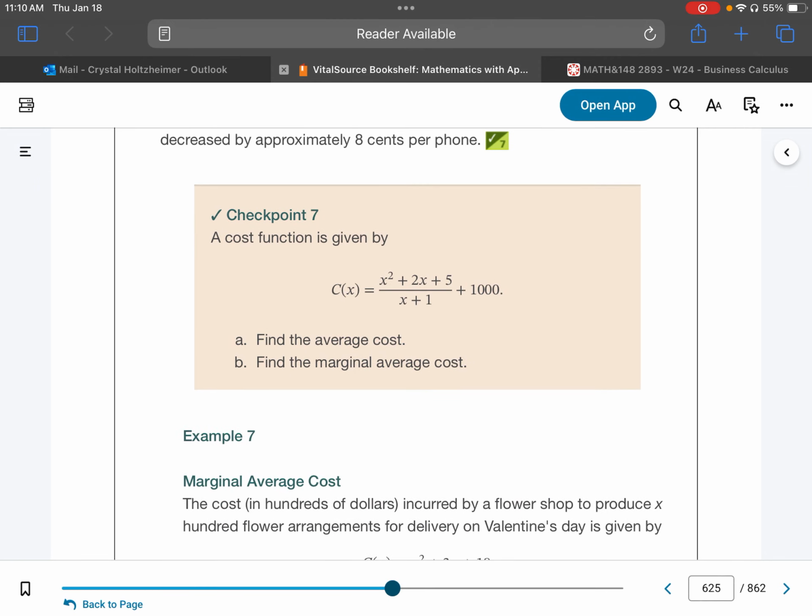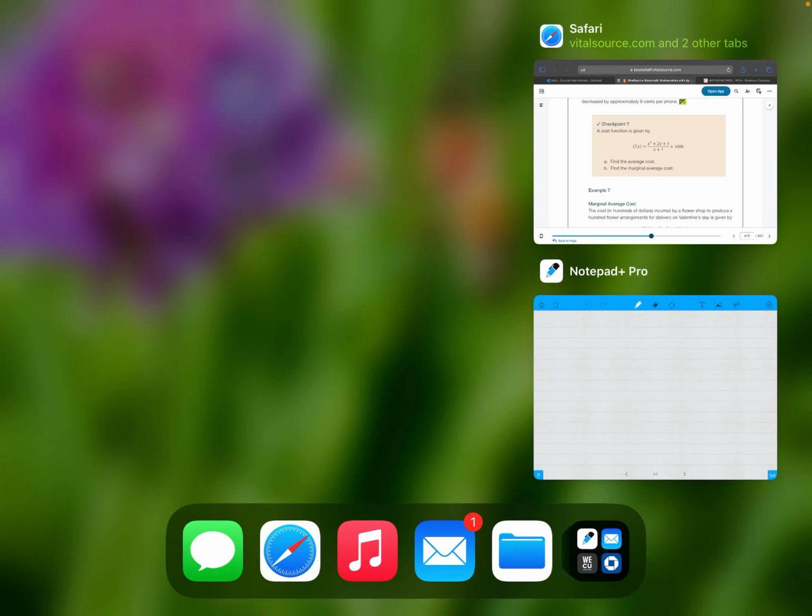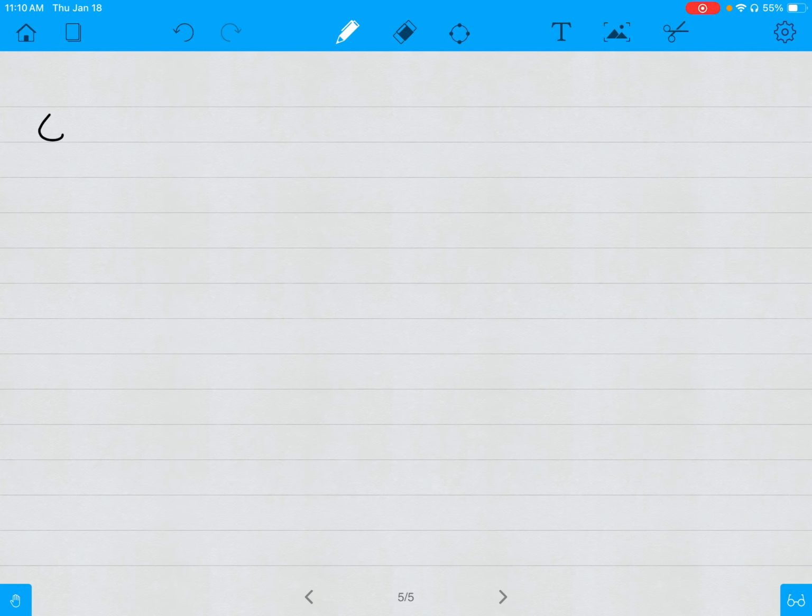and here we have a cost function given by C of X is X squared plus 2X plus 5 over X plus 1 plus 1,000. So we have C of X, X squared plus 2X plus... Is that what I said?